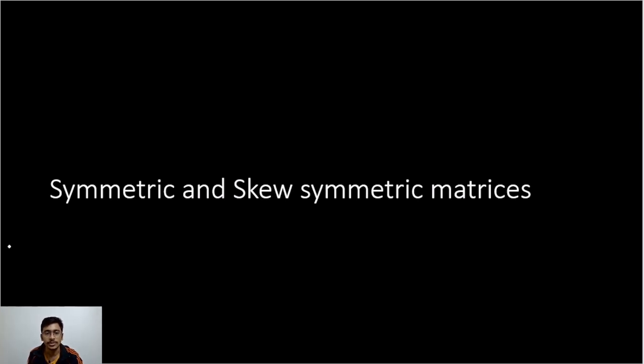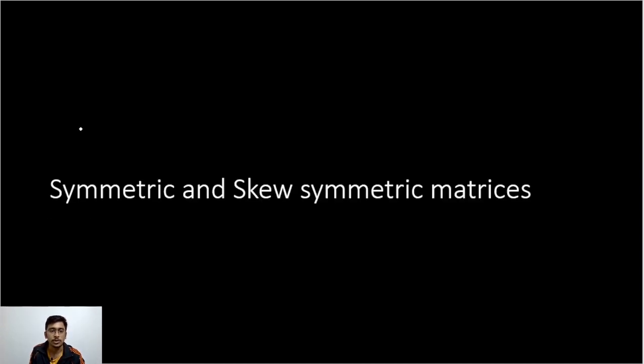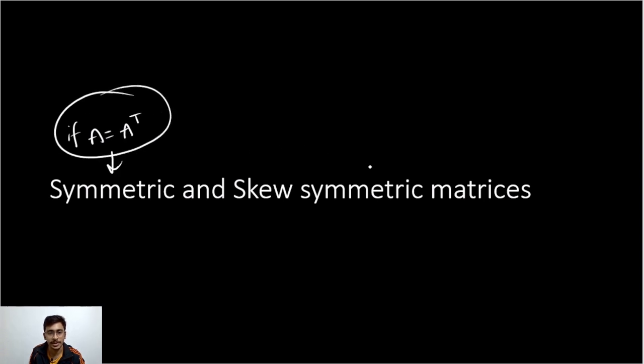Let's quickly talk about symmetric and skew symmetric matrices, and then we'll finish our lecture. In simple words, if A is equal to A transpose, then that matrix is symmetric.